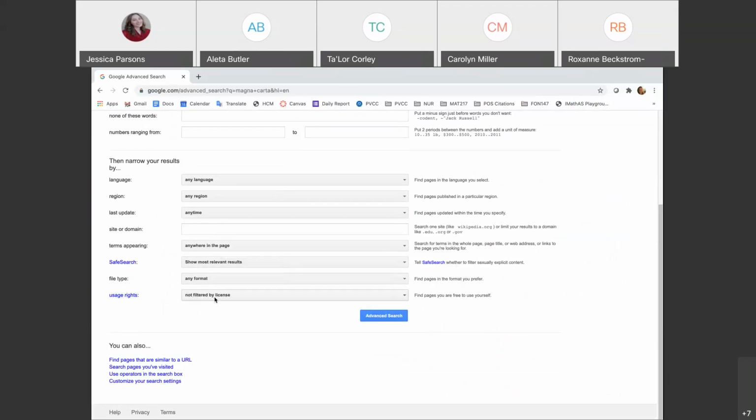So this will indicate what kind of licenses Google is searching for. Free to use or share is the least limited way to look for Creative Commons resources. Otherwise, you can go into more specifics depending on what you're looking for.